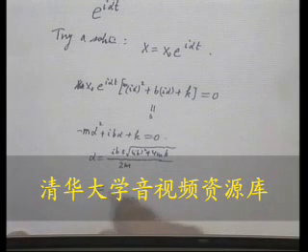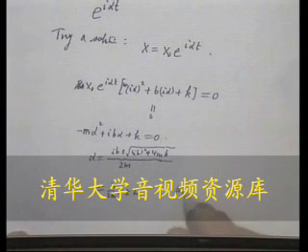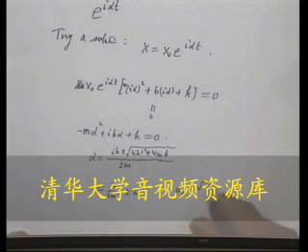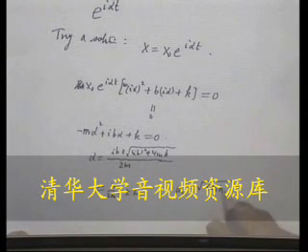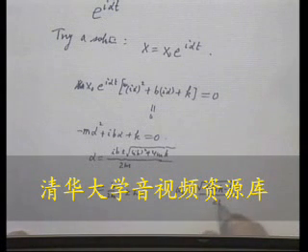Let us write that as b over 2m i plus minus omega 0, where omega 0 is equal to the square root of 4mk minus b squared divided by 2m.